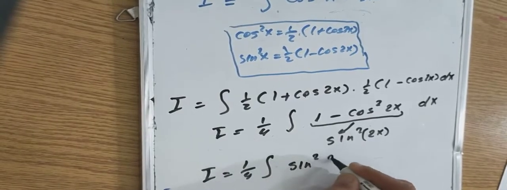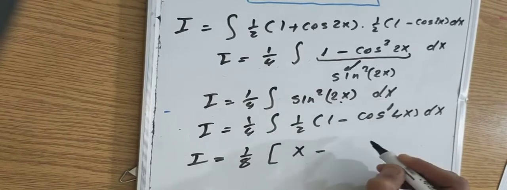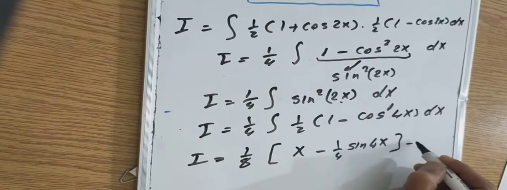Again we still have sine squared 2x, so we use this identity again: half of 1 minus cosine of the double angle, which will be 4x, dx. Now we have no power, the power is 1. Half is outside the integration, it will be 1 over 8. And integrating 1 is x, and cosine 4x will be sine 4x times 1 over 4.